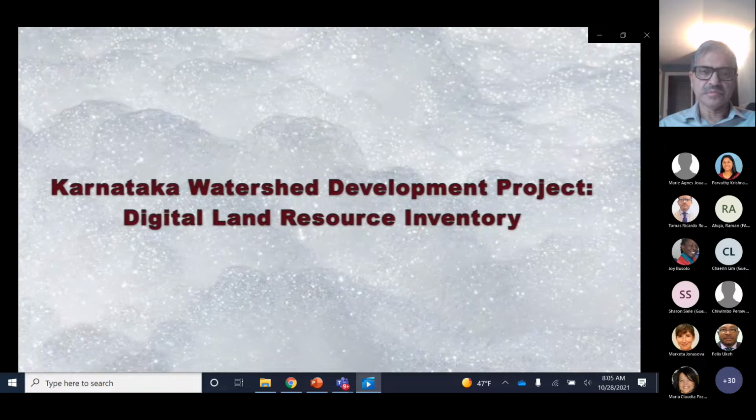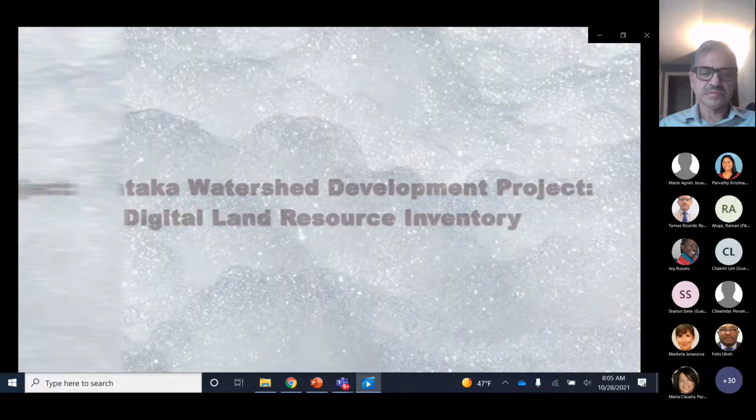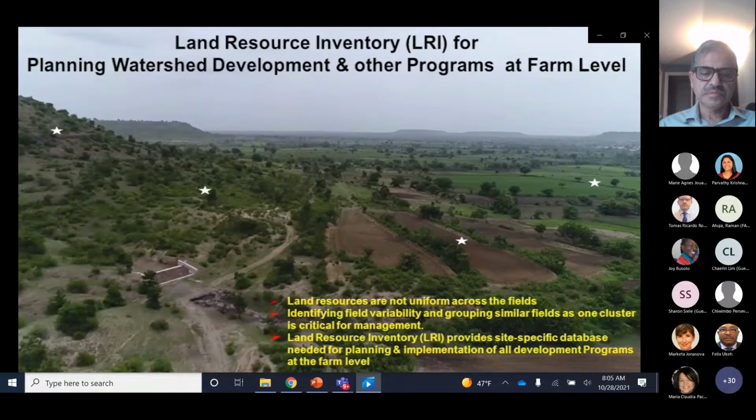The sector includes the Karnataka Watershed Development Project that was implemented in the southern state of Karnataka. This was an IDA project that ran for 6 years, and its main objective was to bring scientific technologies and approaches to watershed management at scale.